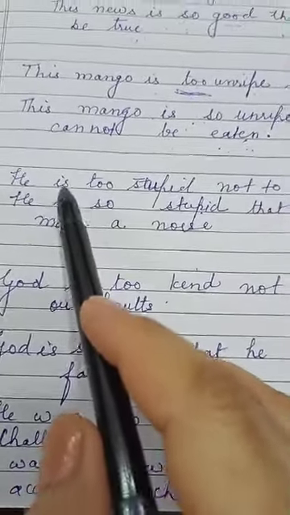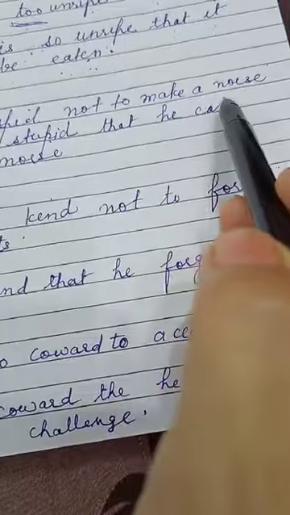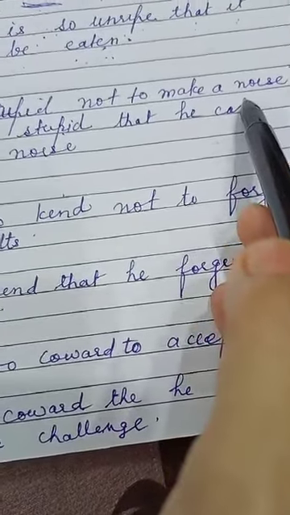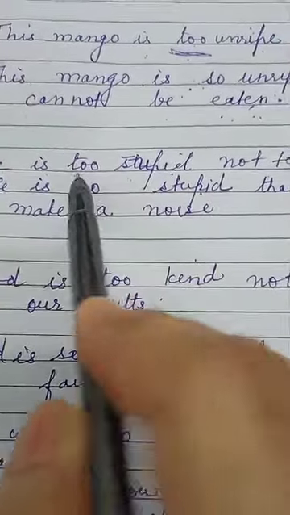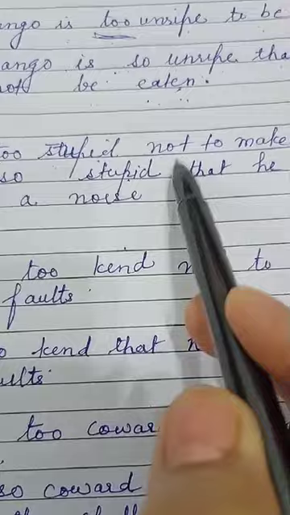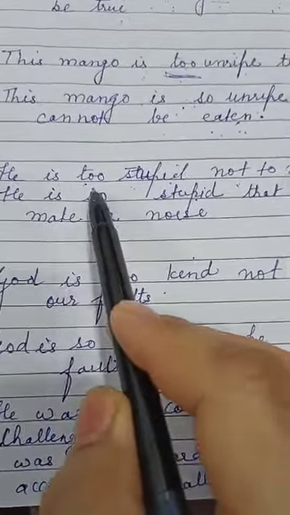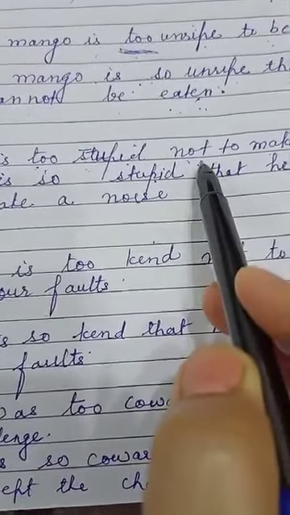Next example, he is too stupid not to make a noise. He is too stupid. First negative here, "too stupid". One more negative we have used here, "not to make a noise". Now, when we use "too", one negative here, two negatives make it a positive sentence.